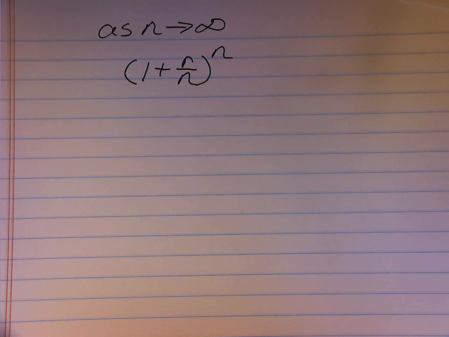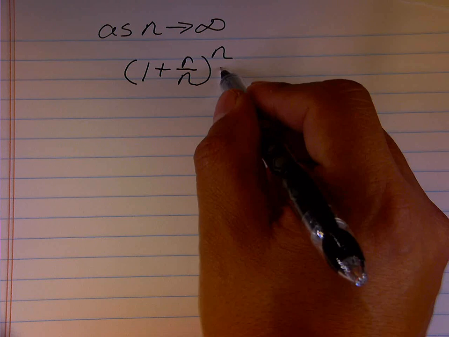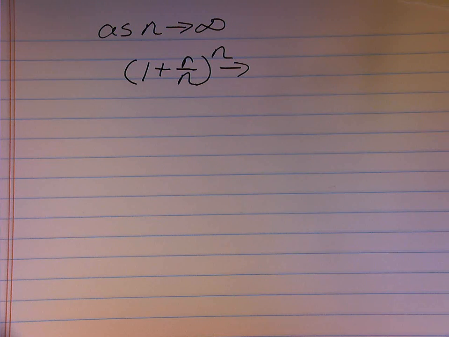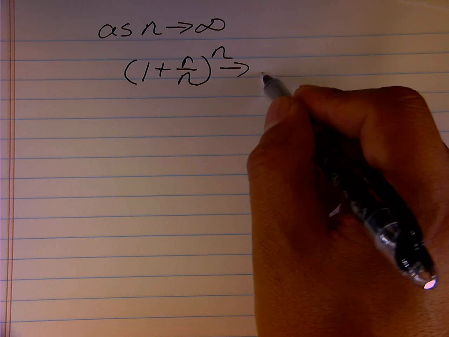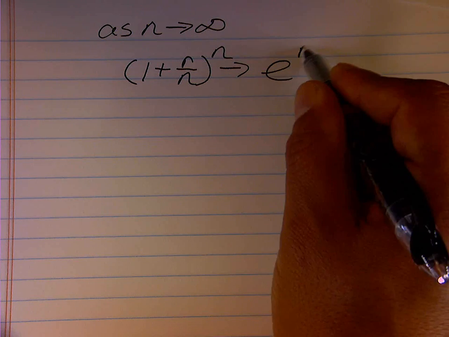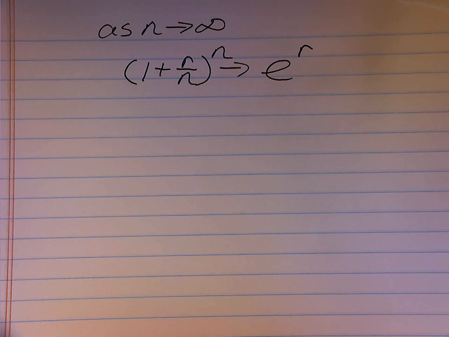Every minute, the n gets bigger and bigger the more times I compound it. What Euler discovered was this was approaching Euler's number raised to the r. And that's where the number e comes from, which is approximately 2.718.